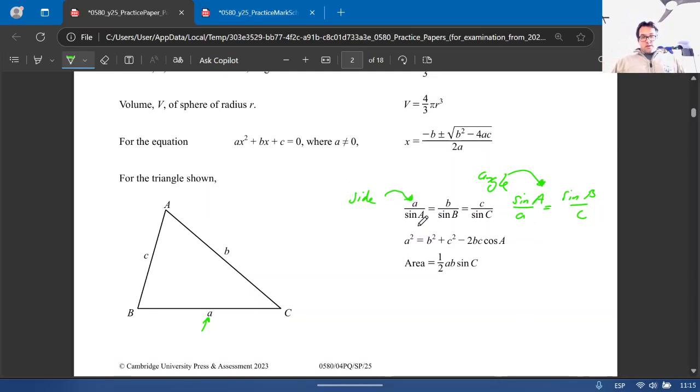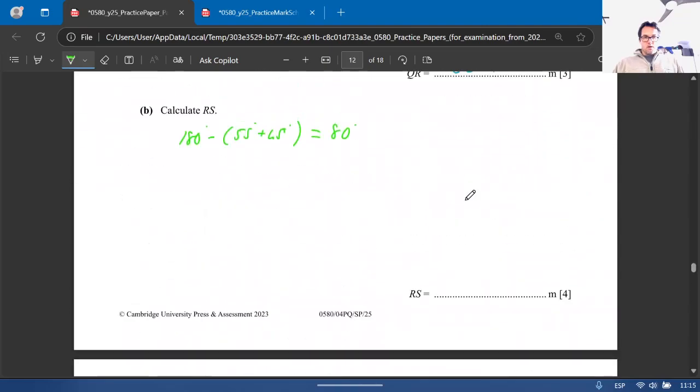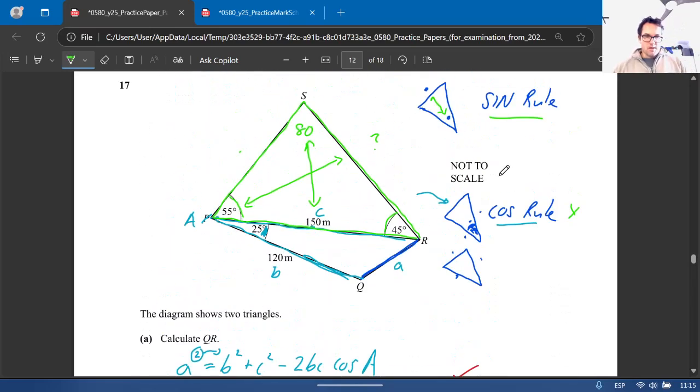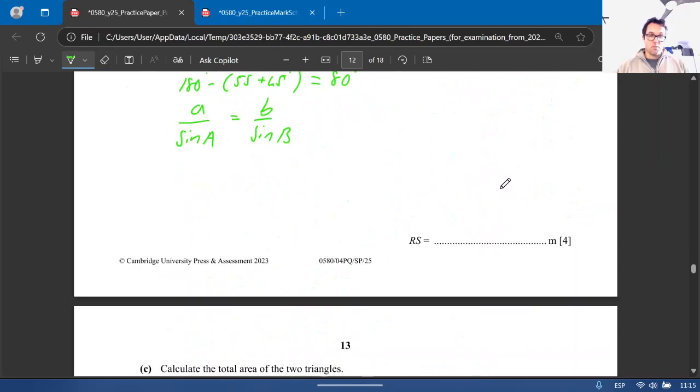So we want to work out a side, so we're going to use this. And of course, we don't need the whole thing. We just need a over sin A equals b over sin B. What would a be in this case? Well, the side we want to know, that's a. And then the uppercase A is the angle opposite it.